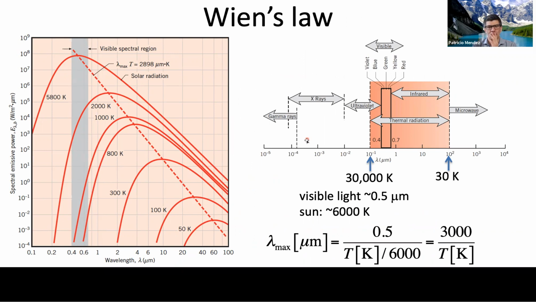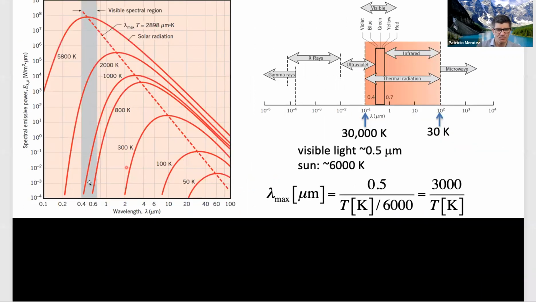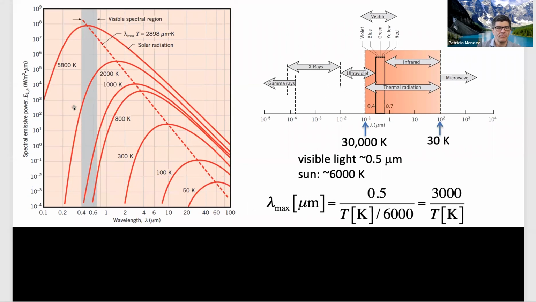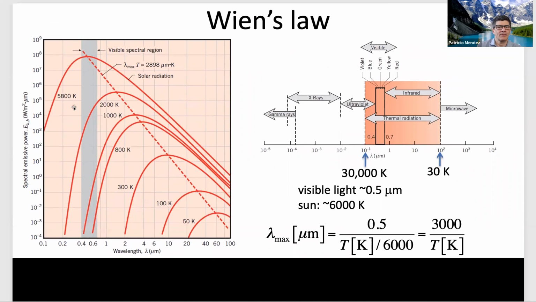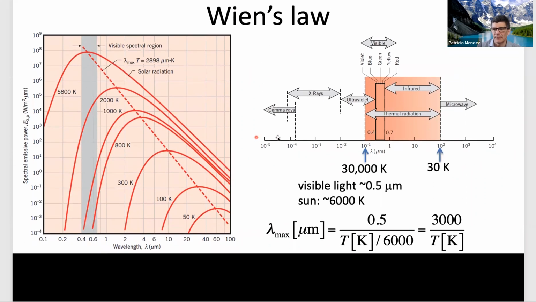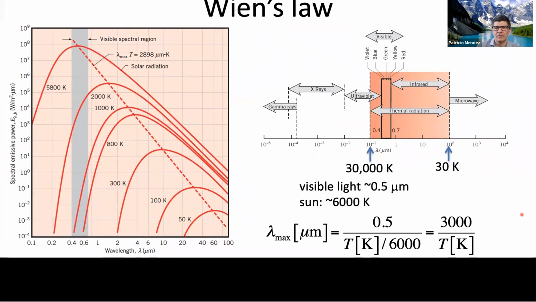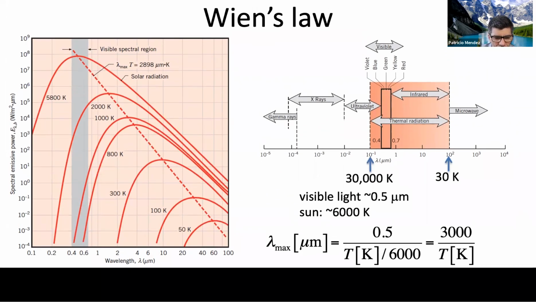Before I tell you about Wien's law, this graph we have here says, for a black body at different wavelengths, what is the emissive power?